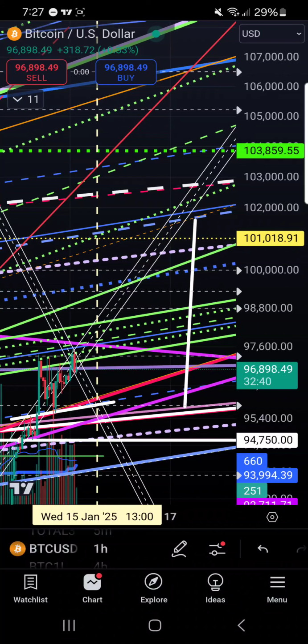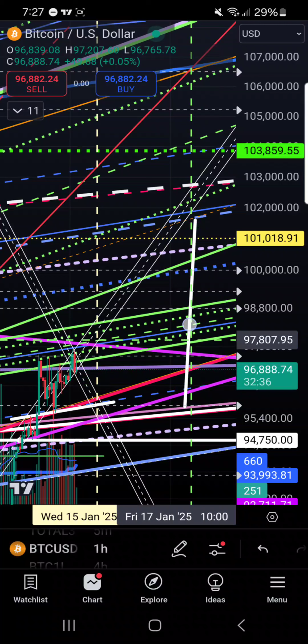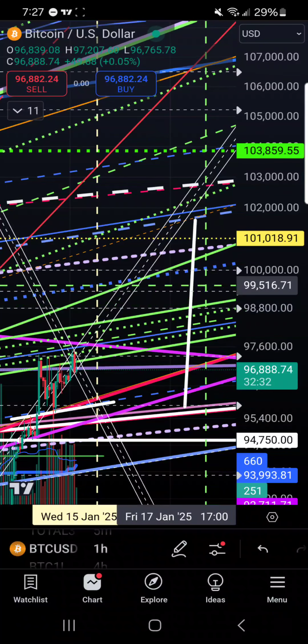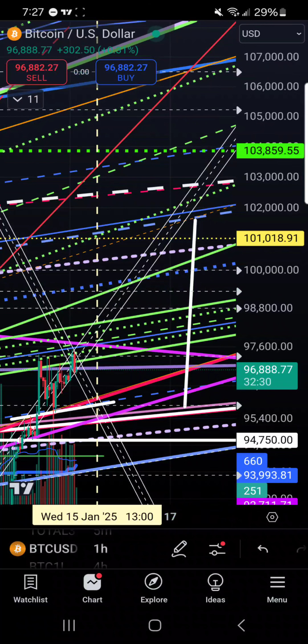So, now this white kind of crooked vertical line is the target from that W pattern that the trading parrot pointed out.